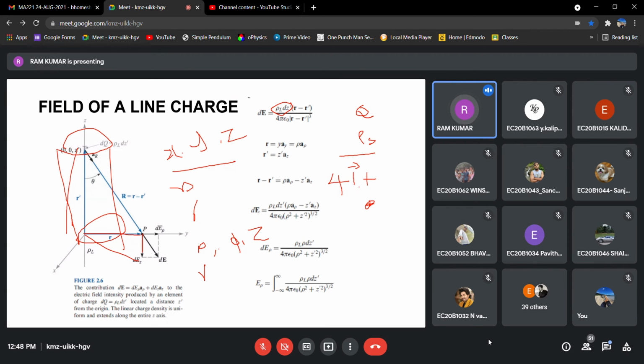These are all unit vectors like i, j, k, which you may have studied in school. So for 4i plus 5j, what is the magnitude? Square root of 4 squared plus 5 squared. Same thing. What about the magnitude of R minus r dash cubed? Square root of rho squared plus z dash squared, whole cubed.